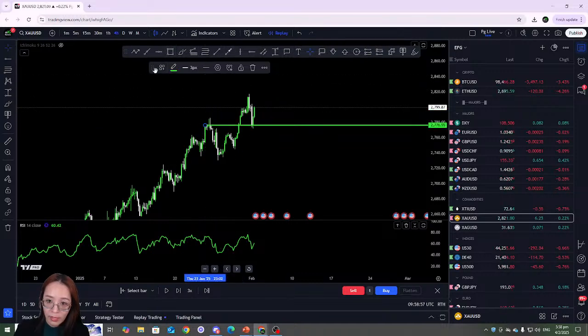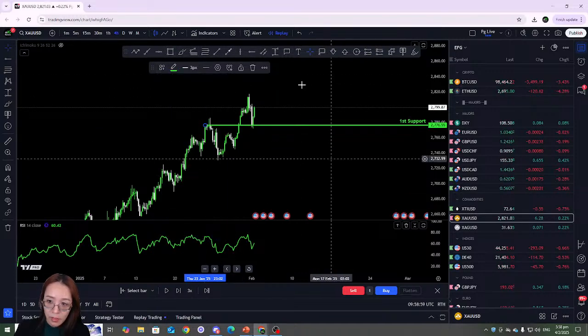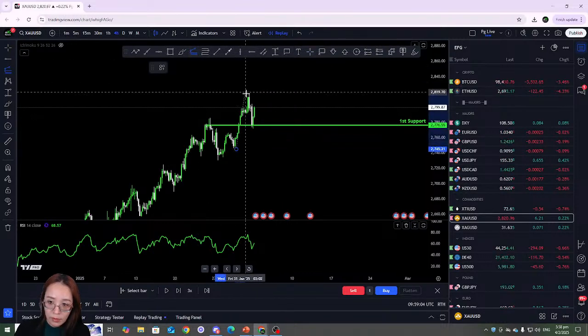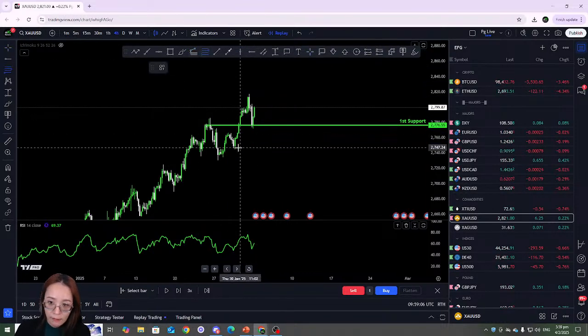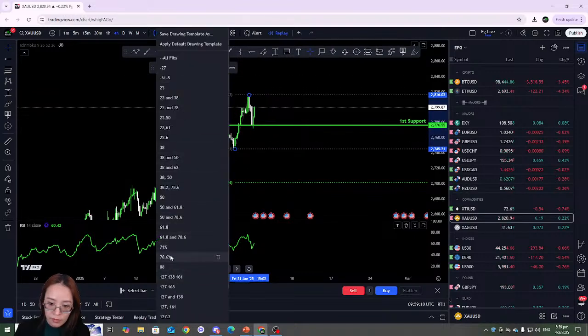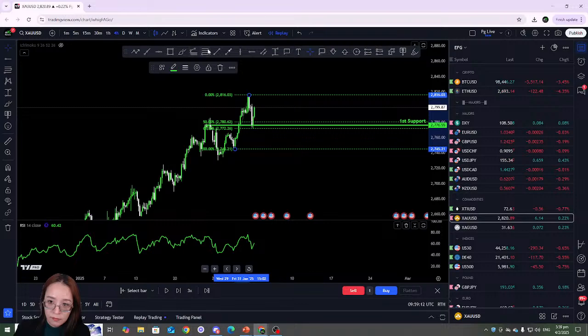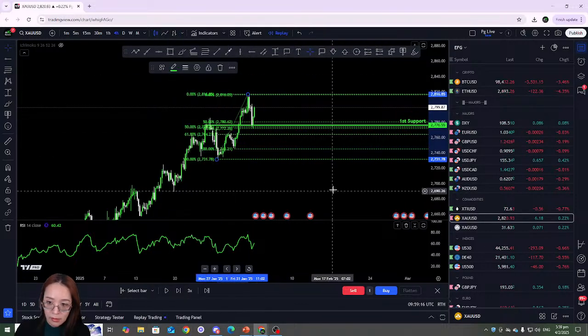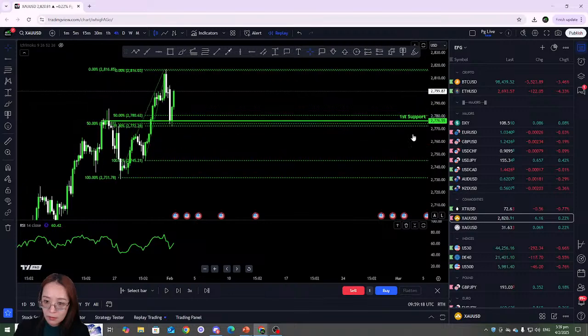Here I will identify my first support, right, like right here, and I know that there is a Fibonacci level, which is 61.8 and 50%. Let me make it bigger.